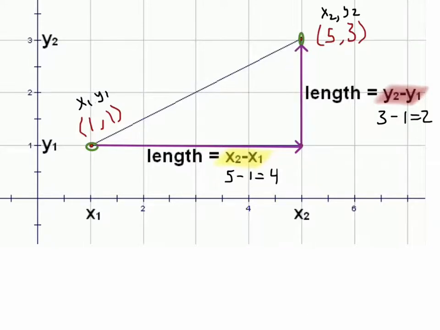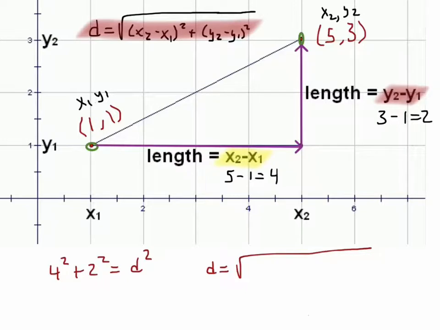So my equation would be this. 4 squared plus 2 squared equals, we'll call it d squared for distance, or d equals, alright, so let's fill this in here. I highlighted the formula up at the top. 5 minus 1 squared plus 3 minus 1 squared.